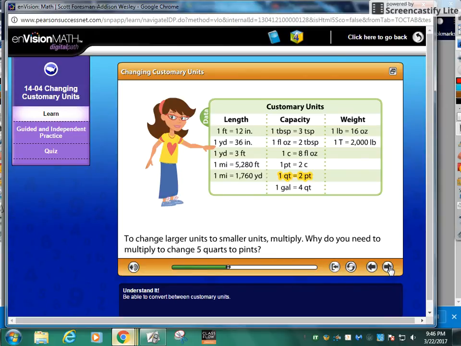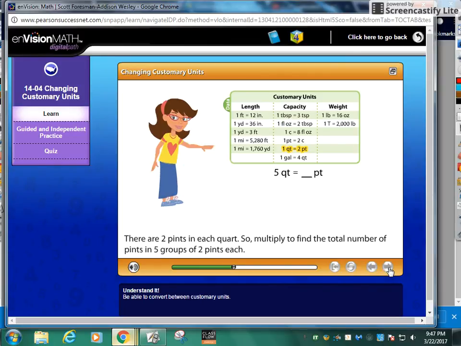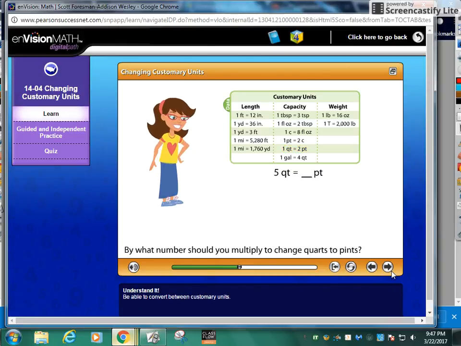To change larger units to smaller units, multiply. Why do you need to multiply to change 5 quarts to pints? There are 2 pints in each quart, so multiply to find the total number of pints in 5 groups of 2 pints each. By what number should you multiply to change quarts to pints?